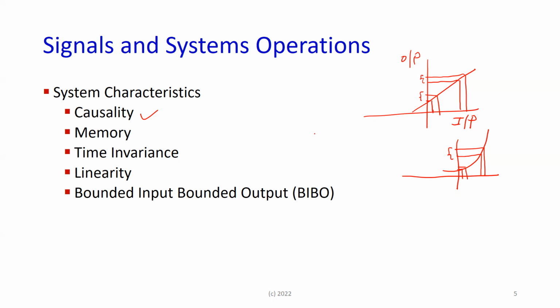So we deal exclusively with linear time invariant systems. We understand that in some cases they may or may not be causal. If they're not causal, we need to know what we call the initial conditions. Right? And for linear time invariant systems, the time invariance and the linearity are taken care of.